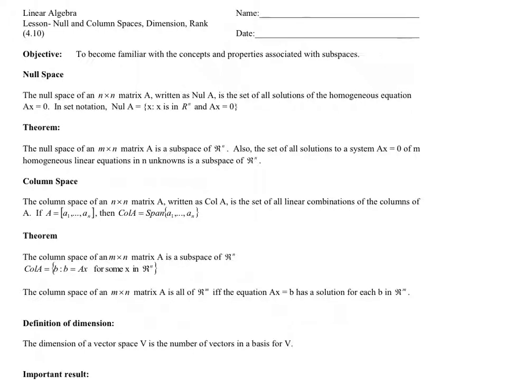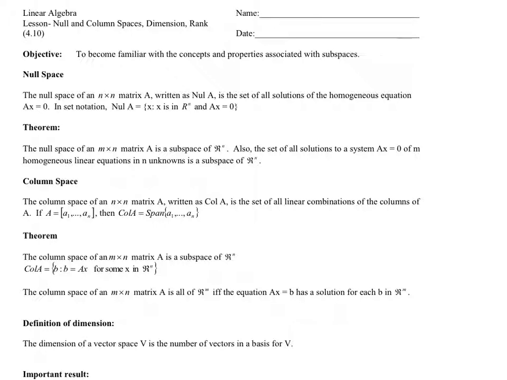If I have 4 rows, all I need are 4 columns in order to span out 4 space. So that's telling me that I'm going to have 3 extra columns that are unnecessary. They're just extraneous. So it's really asking me, well, which are the ones that I really need, and which ones can I get rid of? That's what the column space is talking about. And the theorem is really getting across that idea.